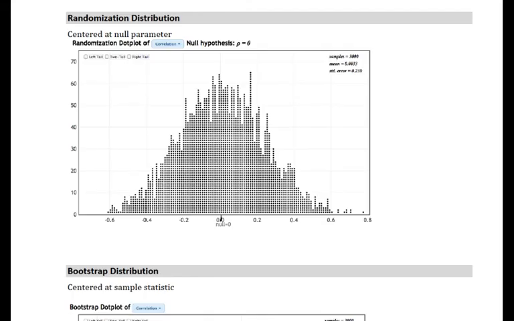Now when we go to look at the resulting dot plots from generating 3,000 samples in this case from each of these scenarios, we can see that our randomization distribution is centered at the null parameter, which in this case is 0, because the null hypothesis is that the correlation is equal to 0.